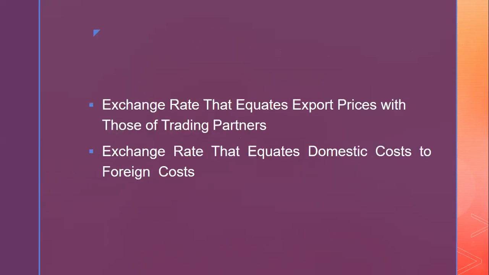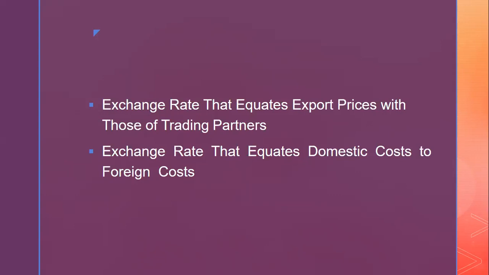So if we come to the fourth definition, which is the exchange rate that equates the export prices with those of trading partners. Now here we say if there is an exchange rate which equates the export prices with those of trading partners, we say that is the equilibrium exchange rate, right?